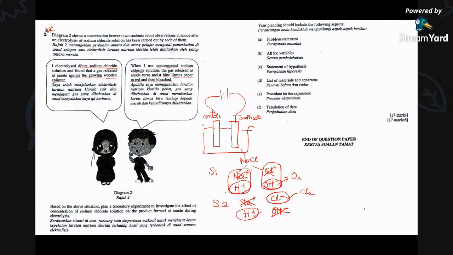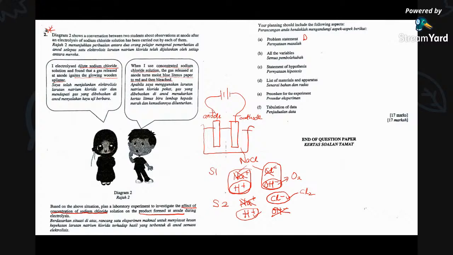So effect of concentration of sodium chloride, and then this is your responding variable. What is the product formed at the anode? So how do you form your problem statement?